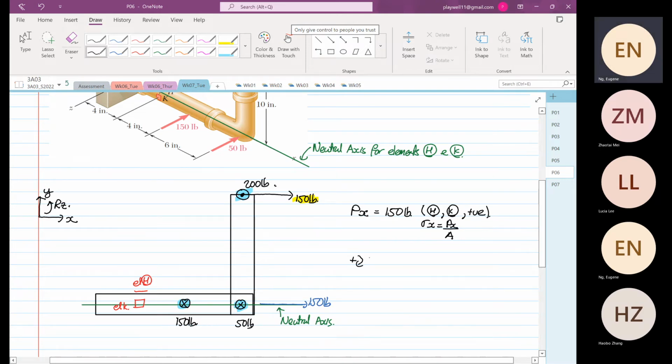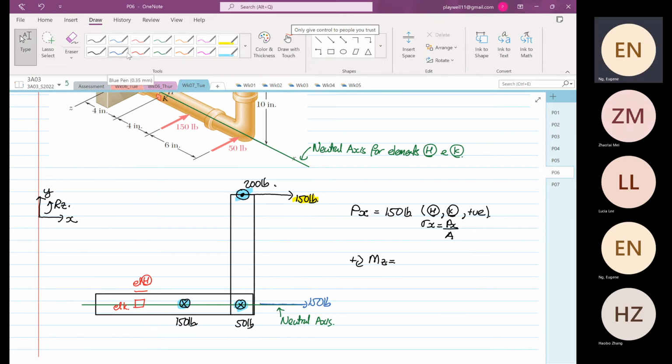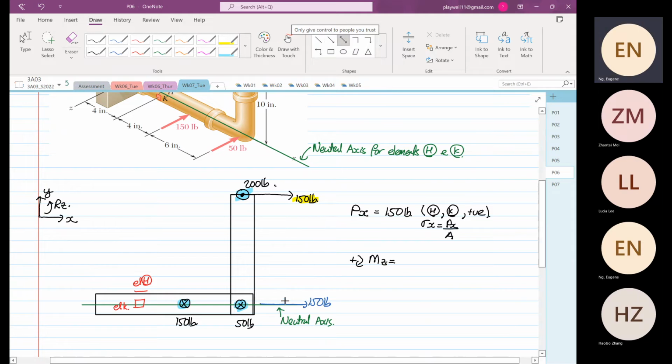So the moment in the z direction: we know that this distance from here to here is equal to 10 inch. So it's going to induce a moment of 150 multiplied by 10, which is equal to 1,500 pound inch.